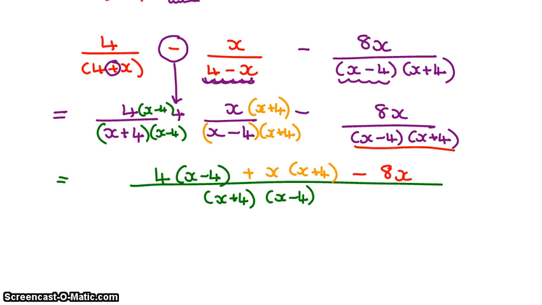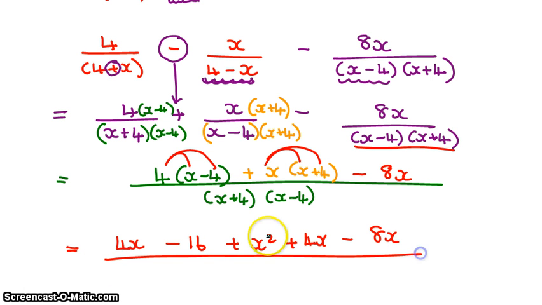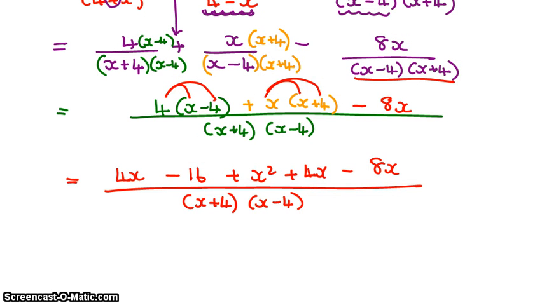So again, I've got to multiply, collect up like terms, and check whether factorizing would help simplify. So 4x minus 16 plus x squared plus 4x minus 8x over x plus 4, x minus 4. Right, like terms, 4x plus 4x would give me 8x, but when I subtracted 8x, those all cancelled out.